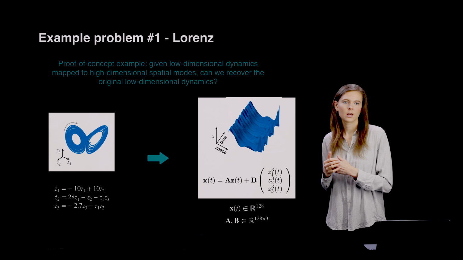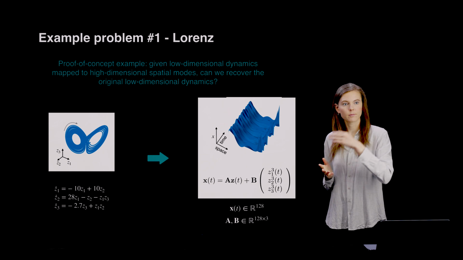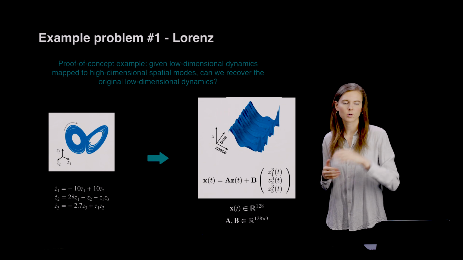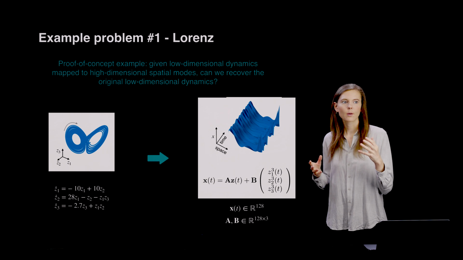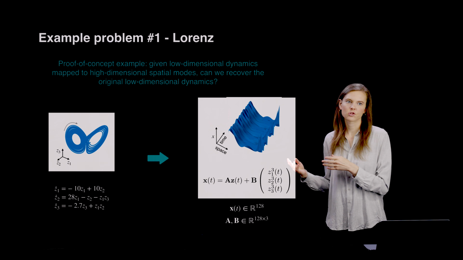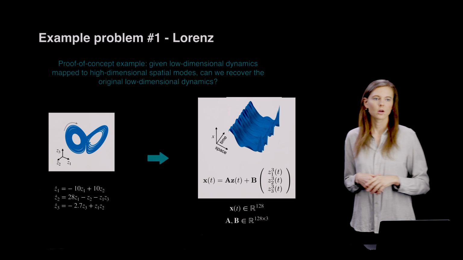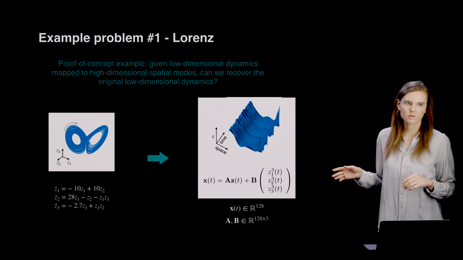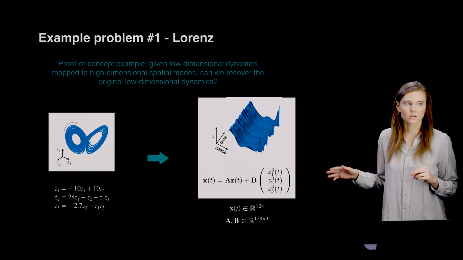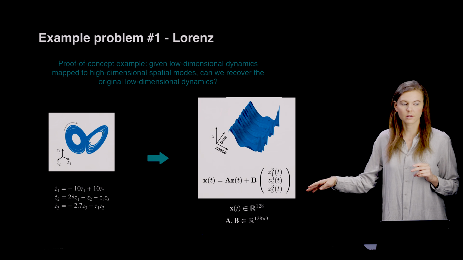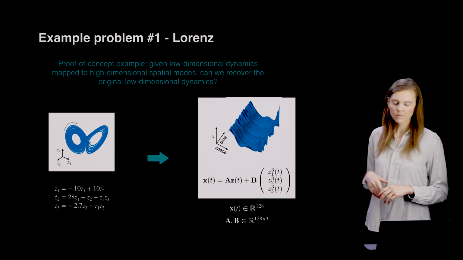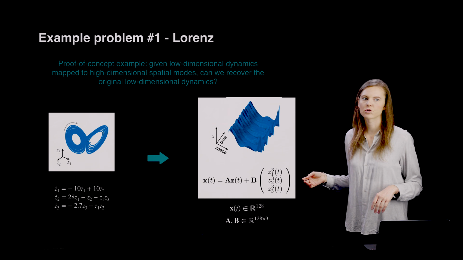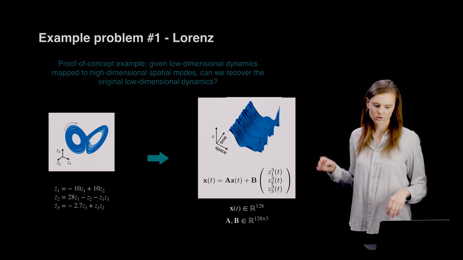So we're interested in, if we take modes that are meant to be spatial modes on a high-dimensional grid, can we recover this simple 3-dimensional system from the high-dimensional data? So we take a set of fixed spatial modes, and then we just generate new high-dimensional data. In this case, we do it in 128 dimensions. And then we try to recover the original Lorenz dynamics from this high-dimensional data.